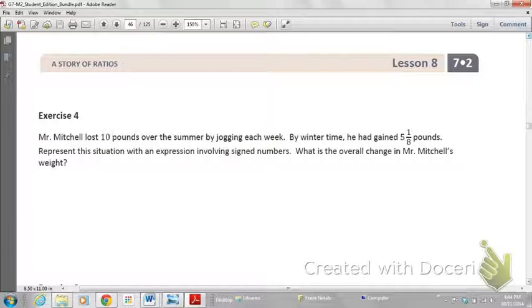Okay, so once again, this problem is going to also give you some practice with writing mixed numbers as sums. Okay, and hopefully you will apply that to this problem here, this exercise 4.